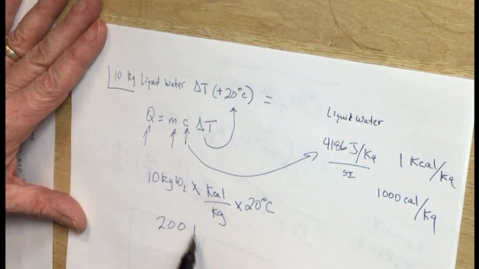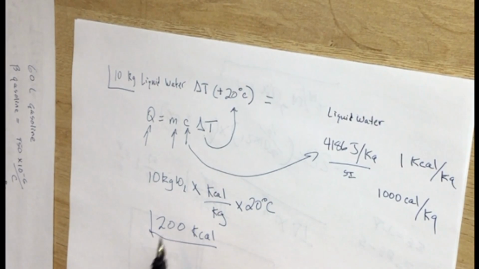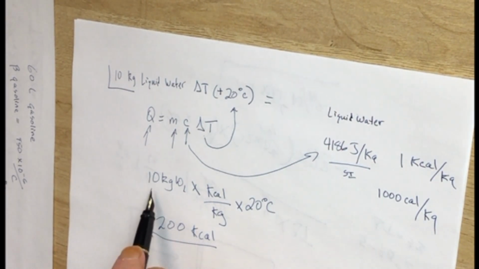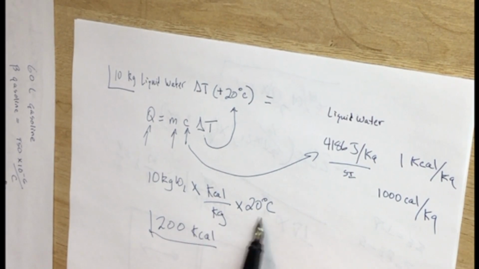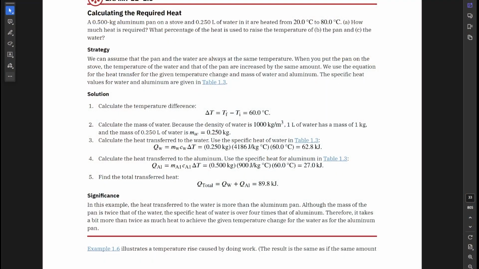It's 200 kilocalories. That is the amount of energy or heat required to raise the temperature of 10 kilograms of water 20 degrees Celsius.